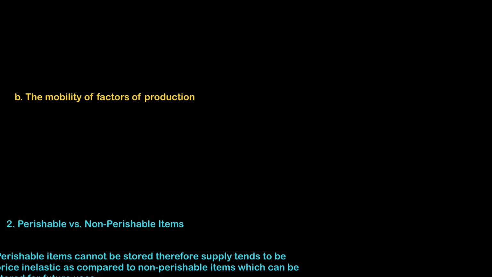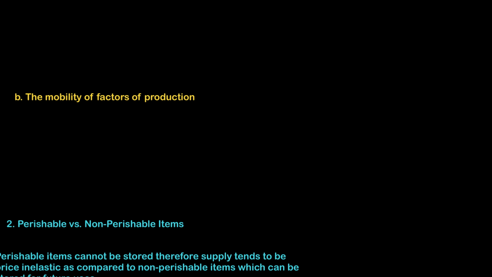And as a result of that, whenever there is a rise in price, you will see the quantity supplied go up by much more, because you have the ability to easily increase supply.